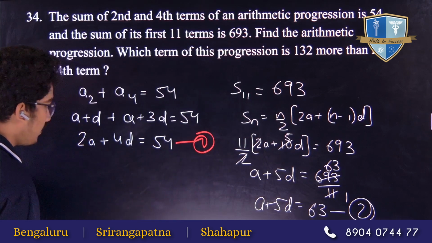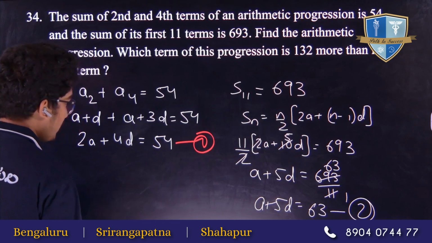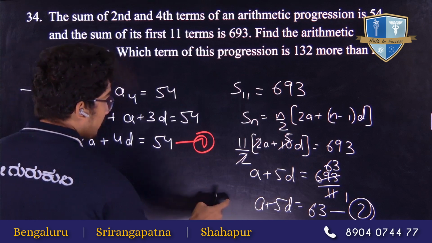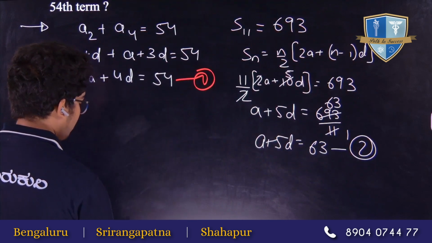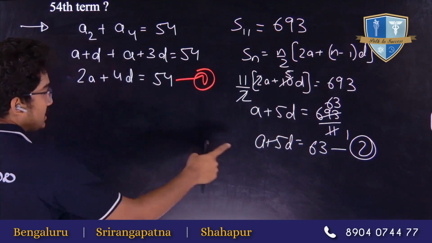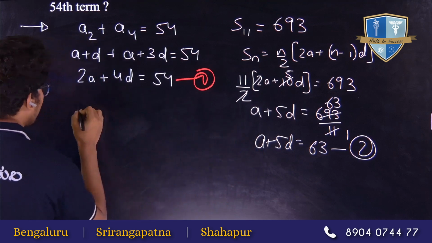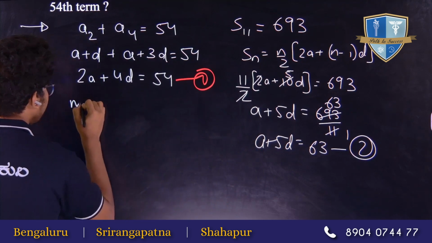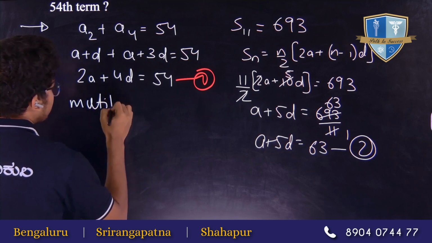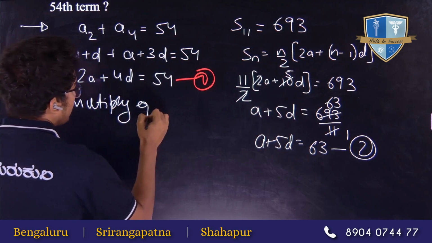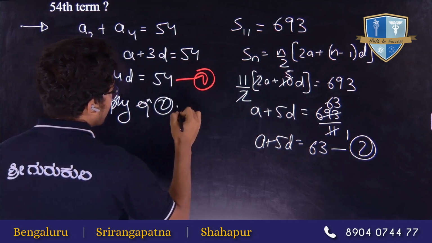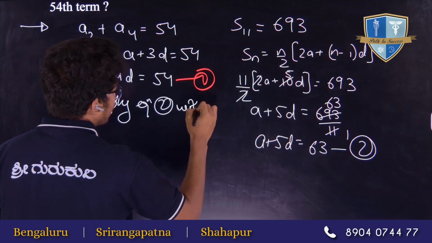So what we will do is use the elimination method. We will multiply equation 2 by 2 and subtract.